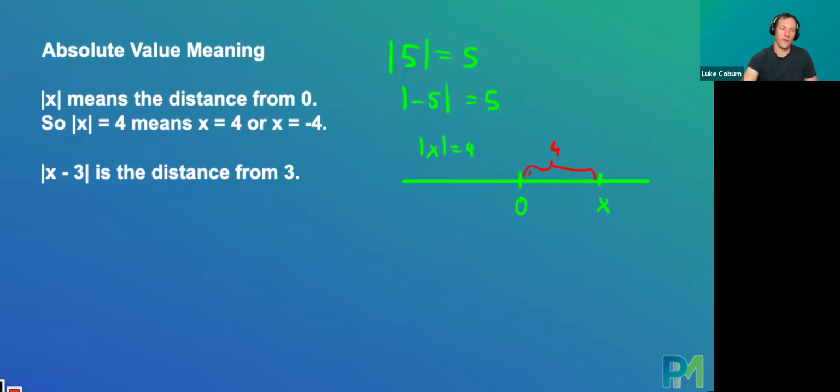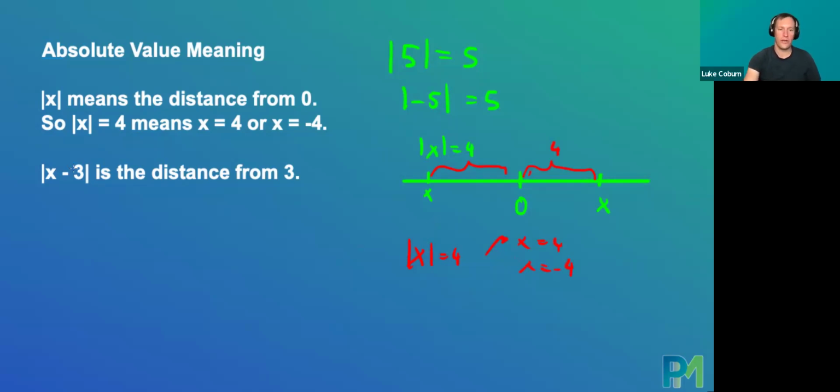So we could also have our x over here, and that's also going to have a distance of 4. It's just going to be in the other direction, okay? So the absolute value of x equal to 4 means two possibilities. Either x is equal to 4 or x is equal to -4. So basically, what number could we sub in here into the absolute value signs to get out a 4 or to get out a -4?